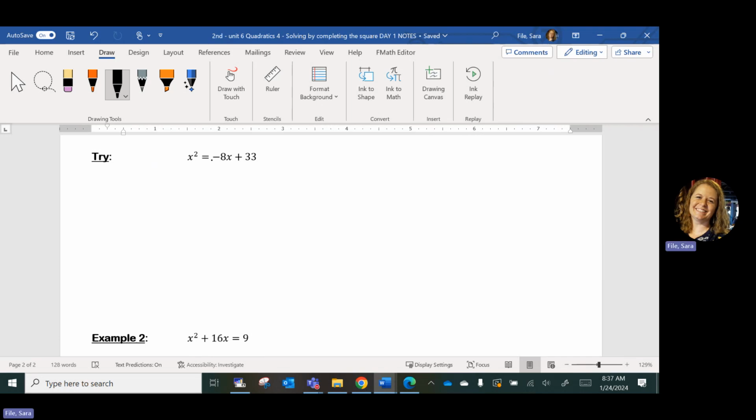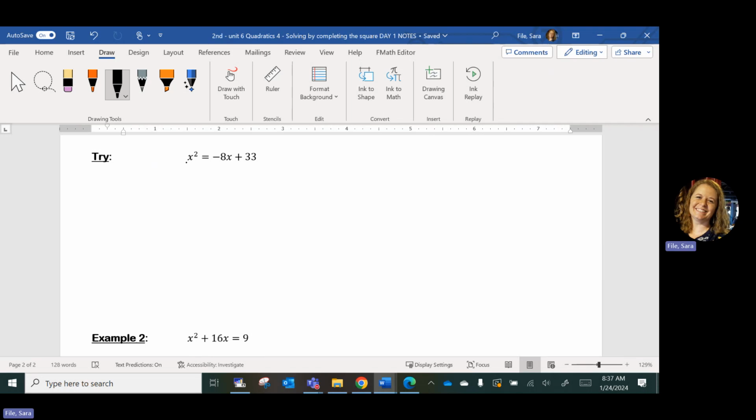If I want to move a term across an equation from one side to the other, how would I do that? I would have to subtract it because it's positive, so the opposite would be, it would become negative on the other side. I do not want to have to deal with a negative a value. It is much easier to work with a positive a value. It saves me a step, saves me some time.